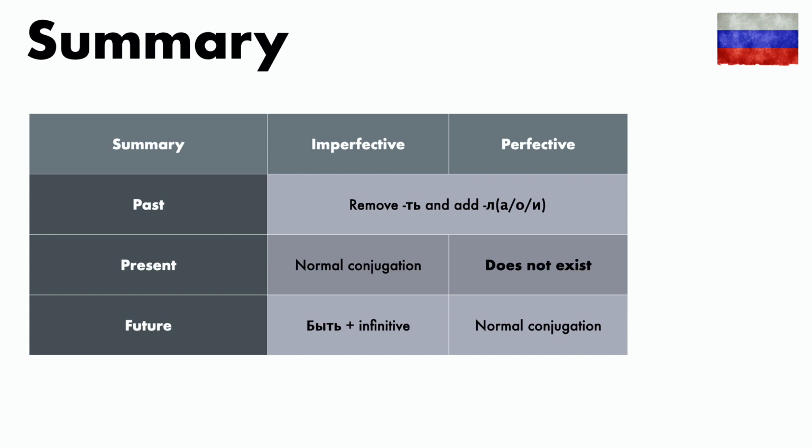The present with perfective aspect simply does not exist. For the future tense, the verbs are conjugated with the verb to be for the imperfective aspect and normally for the perfective aspect. I can totally understand that this was a lot and you might need to watch this video again to fully understand the different forms.